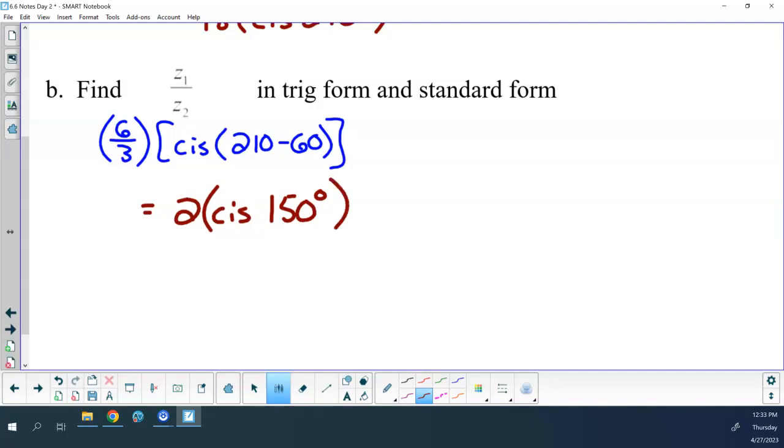The cosine at 150 degrees is negative square root 3 over 2 times 2 would be negative square root 3. The sine value at 150 degrees is 1/2 times 2 is 1. So that would be negative root 3 plus i. Yep. Good times.